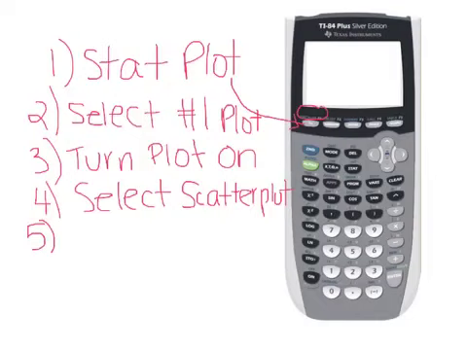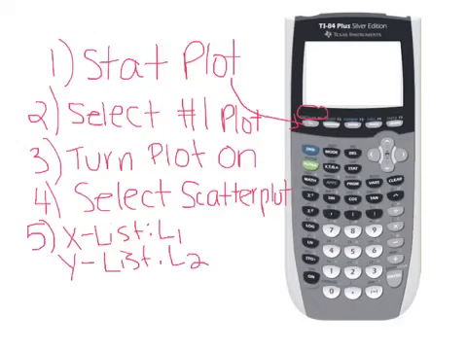And then you want to make sure that your X list is L1 and Y list is L2, because we entered the hours into list 1 and our bacteria into list 2. Now, if you did not enter your data into list 1 and list 2, then you have to change these values to whatever list that you did enter your data into.